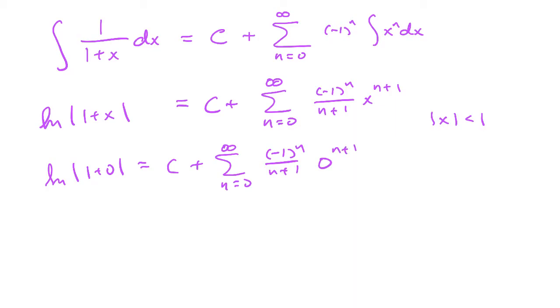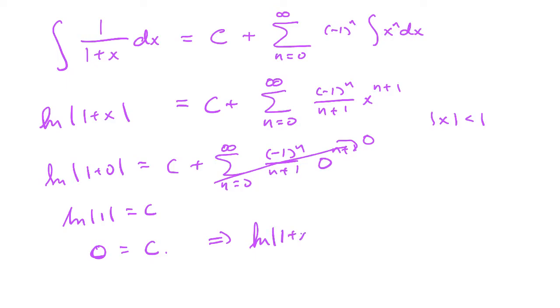These terms are all 0, and so that whole power series is just 0. On the left-hand side, the natural log of 1 is 0, so c is just 0. And so I have the power series expansion for the natural log of 1 plus x: the series from n equals 0 up to infinity of minus 1 to the n over n plus 1 times x to the n plus 1.